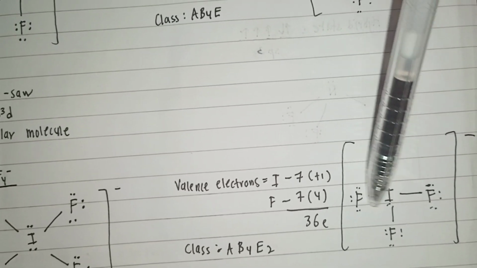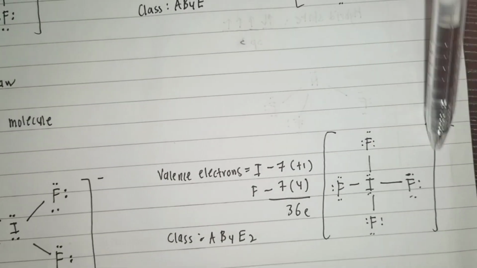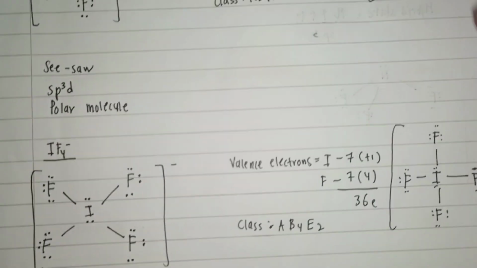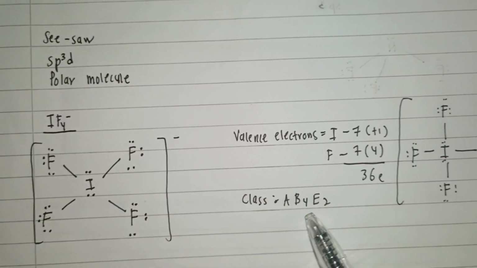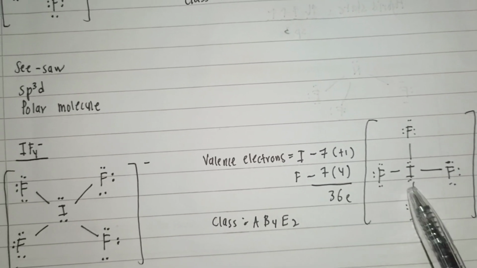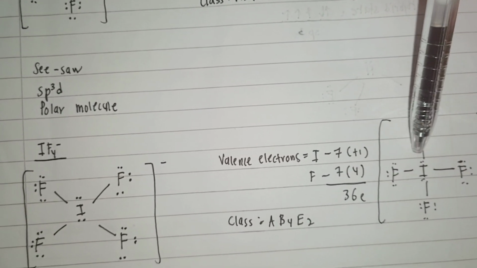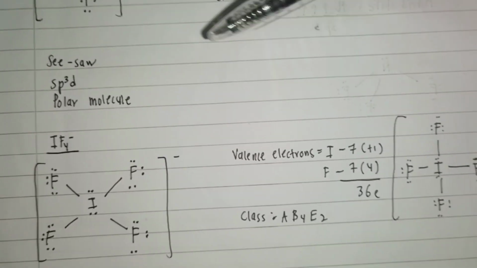Next we draw the Lewis structure normally, with I as the central atom and 4 branches of fluorine atoms. Don't forget the bracket and the minus here. Based on the structure, we can state the class, which is AB4E2, because we have 4 branches and E2 because we have 2 lone pairs on the central atom.